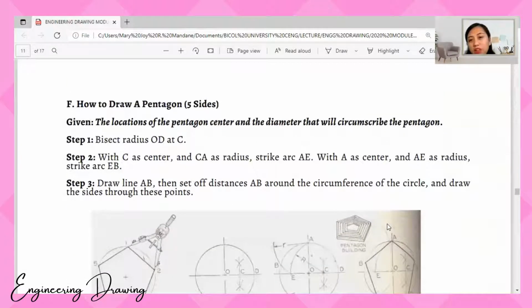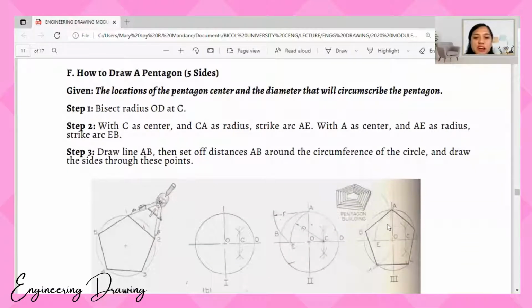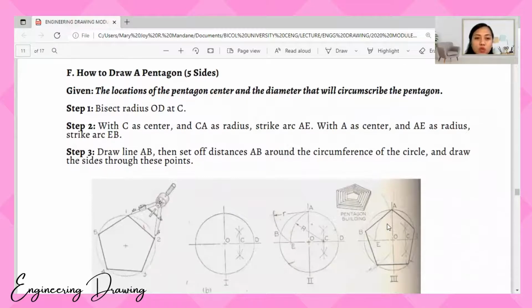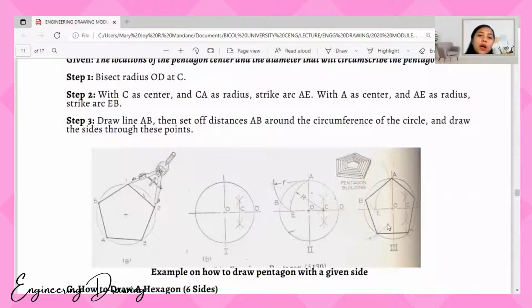So, how to draw a pentagon of 5 sides? Okay, so this is medyo mahirap-hirap to, pero actually magiging madali to if you will follow the instructions carefully. Given the location of the pentagon center and the diameter that will circumscribe the pentagon. Step 1, bisect OD and call it C. So meron kang parang designations for that point.